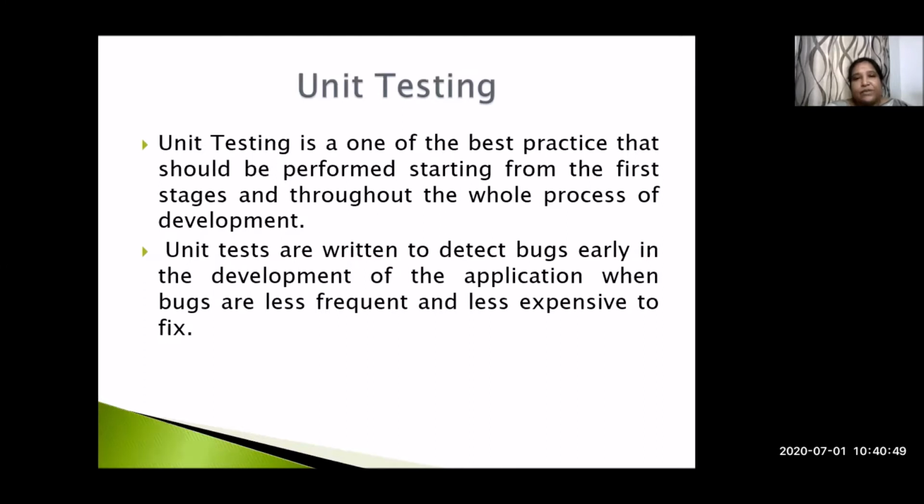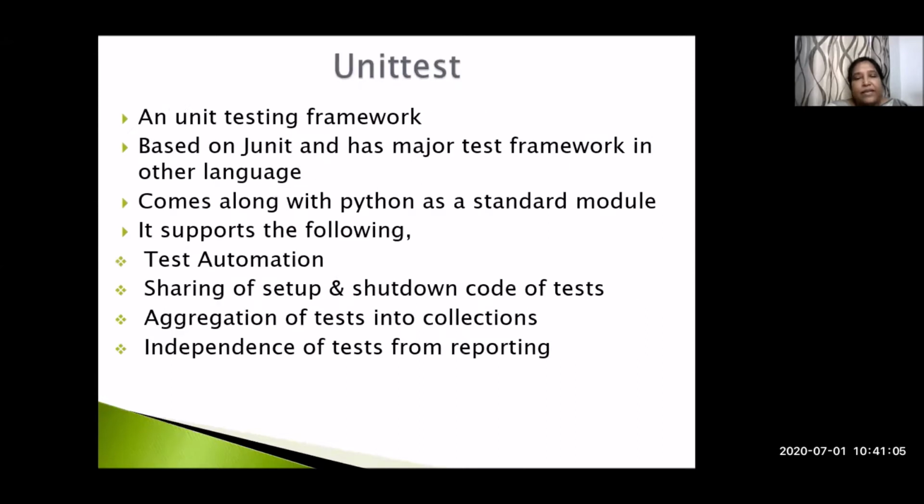So this is the explanation of unit testing. In simple terms, it detects the faulty functions of a particular project. In this slide also, I have given some introduction about the unit test.